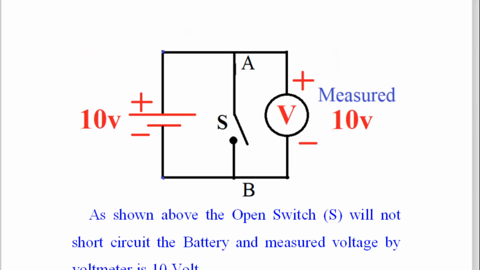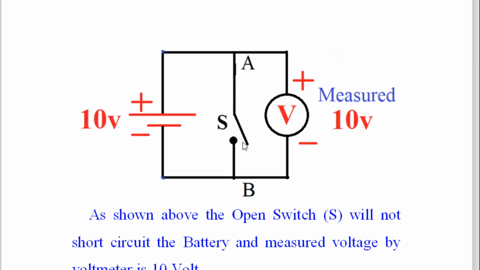Now what we'll do here is take again the battery of 10 volts, with plus terminal and minus terminal, and we will connect the voltmeter. This is the symbol of a voltmeter: V stands for voltage, in a circle with plus and minus. We'll connect the voltmeter's positive to the positive of the battery and the voltmeter's negative to the negative of the battery, and in between the voltmeter and battery, we will connect the switch S, which is open.